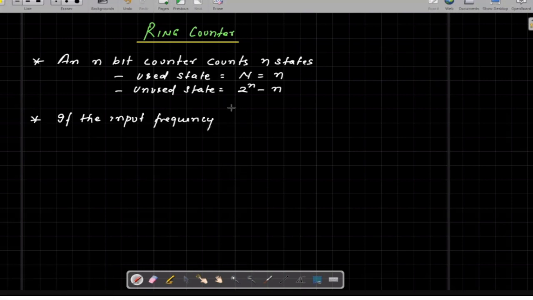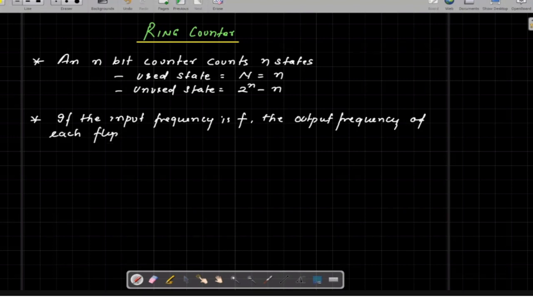If the input frequency is small f, the output frequency of each flip-flop is f divided by n.